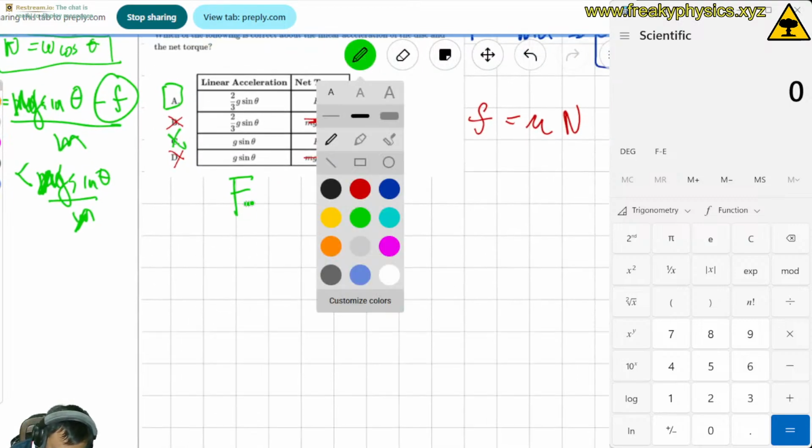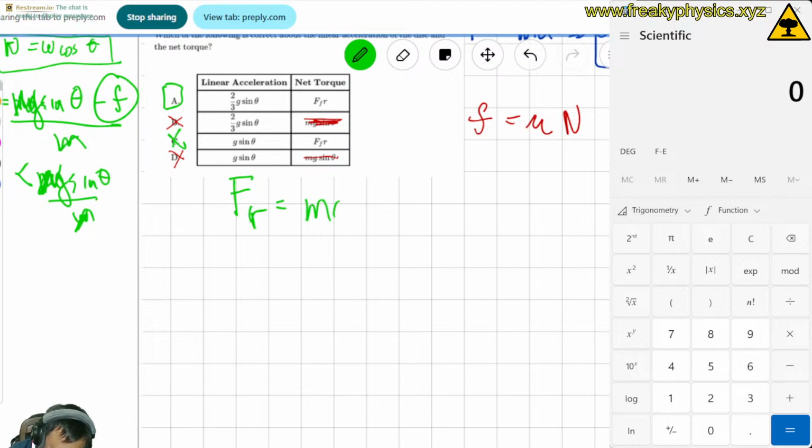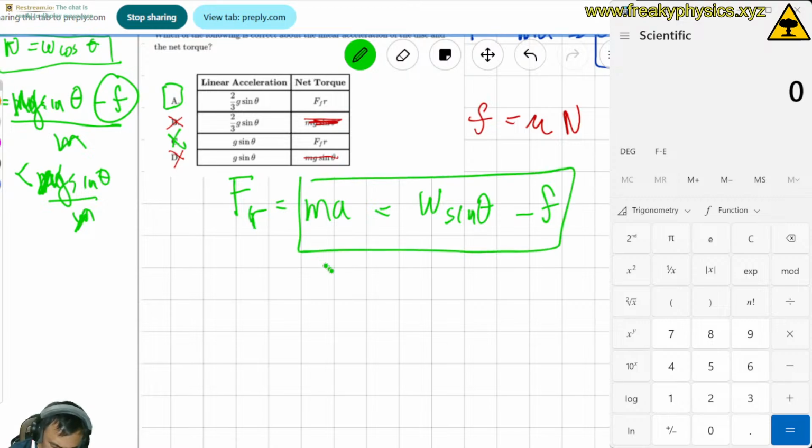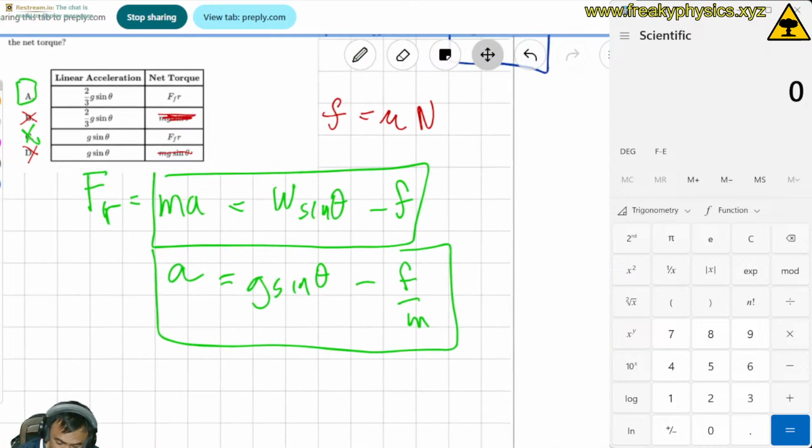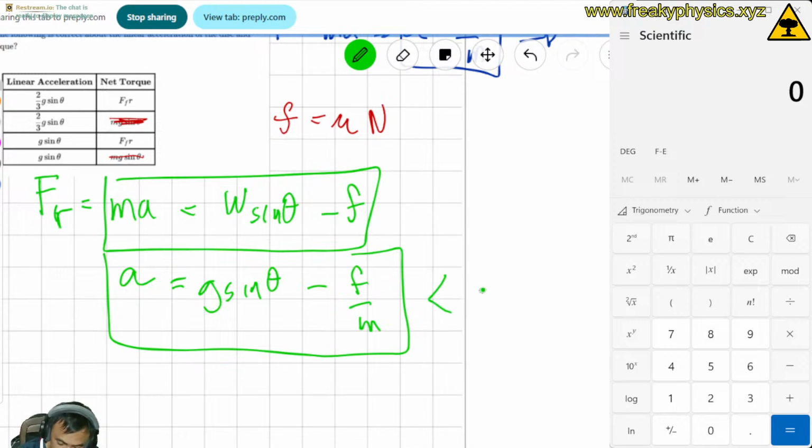The resultant force is equal to ma, and that's going to be equal to W sine theta minus F. Then we divide both sides by m. It's going to be a equals g sine theta minus F over m, right? Now, we can solve this further, but we can simply reason it out that the acceleration here is going to be less than g sine theta.